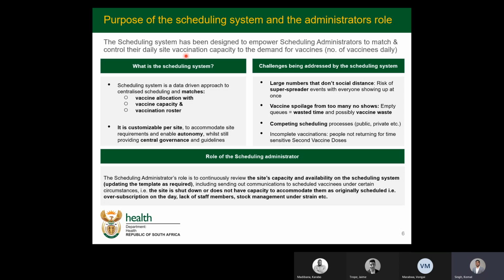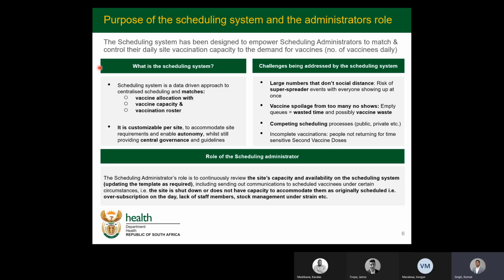So this slide will explain to you the purpose of the scheduling system, as well as your role as an administrator. The scheduling system has been designed to empower scheduling administrators to match and control their daily site vaccination capacity to the demand of vaccines, so the number of vaccinees daily. What is the scheduling system?